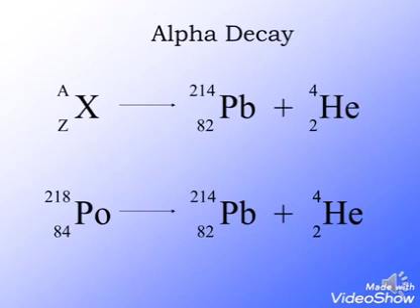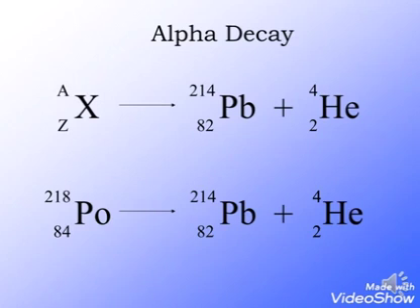In this example, we are going to find out what is the parent nucleus, and that parent nucleus is represented by letter X in the first equation. Now, the daughter nucleus is given, which is lead, with 82 as its number of protons and 214 as its mass number. If we are going to add 2 to 82, it will become 84.